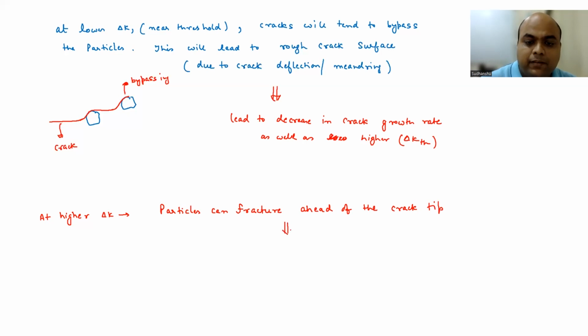And when this happens, you are going to see easier crack growth. Right? Crack will pass now through the already fractured particles. And this will lead to higher crack growth rate.